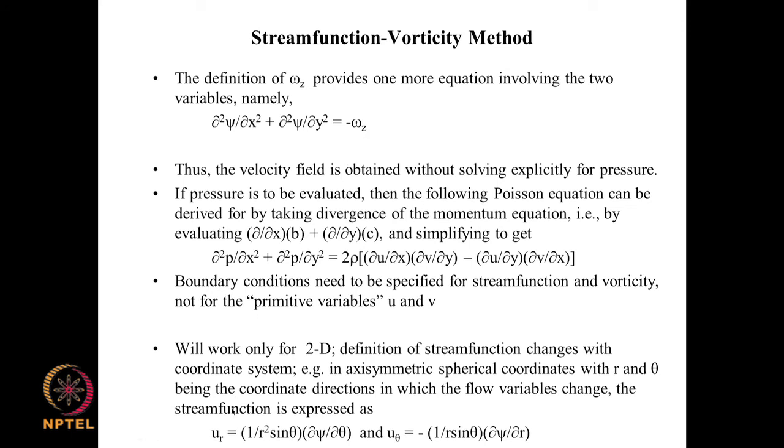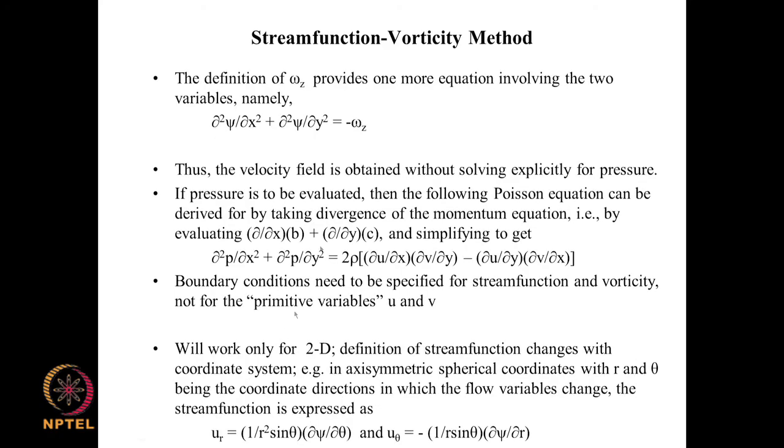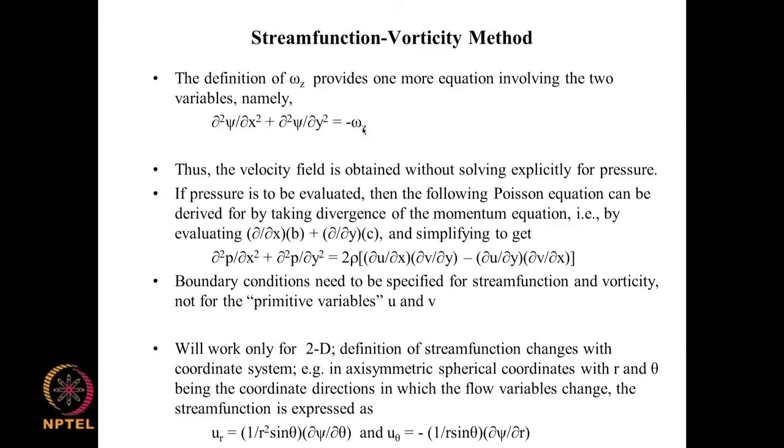So, if we solve the previous equation for omega z and then substitute that on the right hand side, we solve for psi here. We put back the psi in this equation and then again solve for omega z, and then we come back here and put this, and we get a new value of psi.